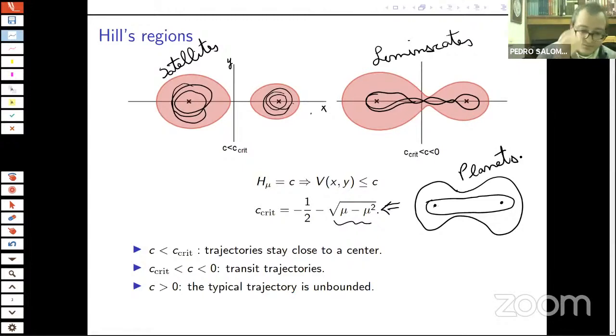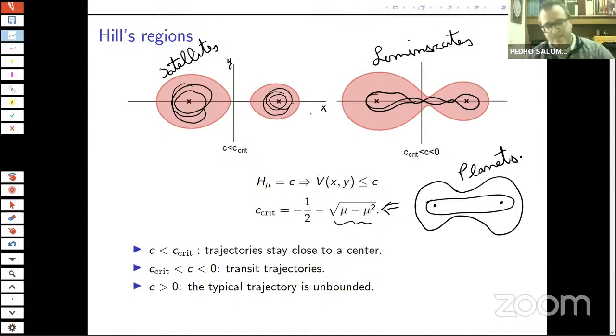Okay. So more or less, there is this value of energy which is equal to 0. If you go above this energy, the typical trajectory is unbounded. So the dynamics is not really interesting.